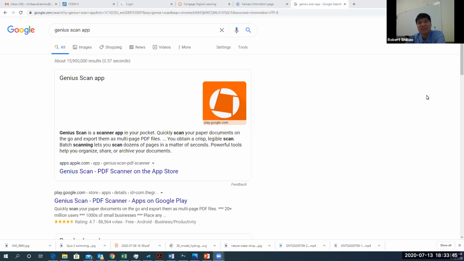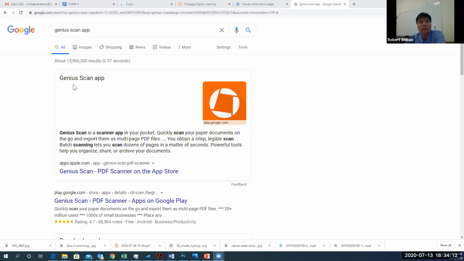PDFs are always easy to open. So please make sure that you don't just snap a picture and then try to upload that. Try to convert your document into a PDF, especially if it's a multi-page document. You can upload multiple pages and combine those pages into one single PDF.